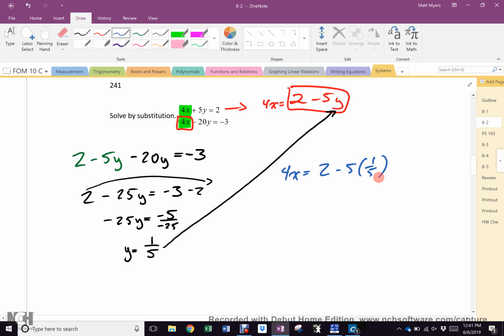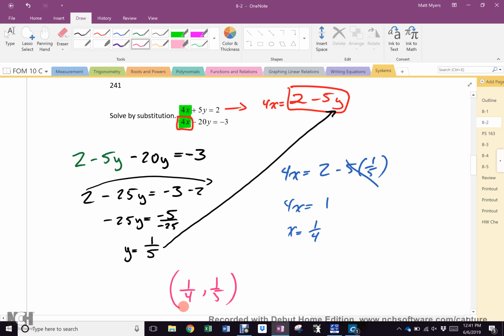Yes? What's going to happen to those 5s? Cancel. So 4x is going to equal 2 minus 1. What's that? 1. Then what's our last step? X equals what? 1/4. So what is my ordered pair? 1/4, 1/5.